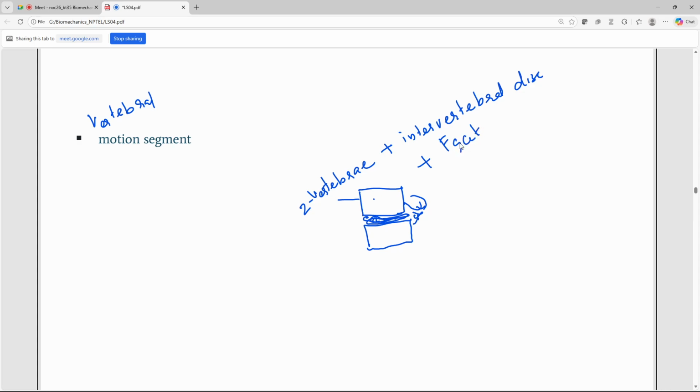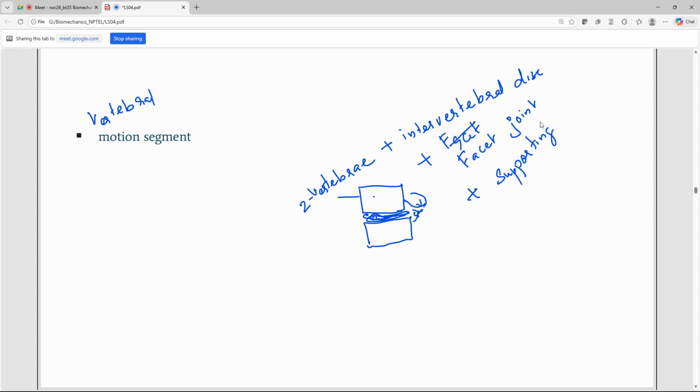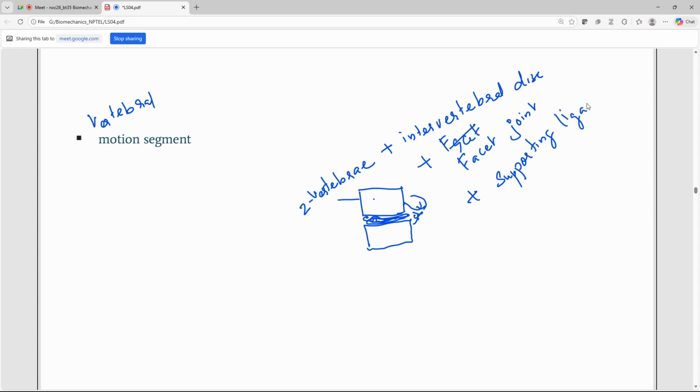Facet, F-A-C-E-T, facet joint, plus the supporting ligaments. So one single unit for every pair of vertebrae is known as the functional spinal unit or vertebral motion segment. So it consists of two adjacent vertebrae, the intervertebral disc, the facet joint, and the supporting ligament.